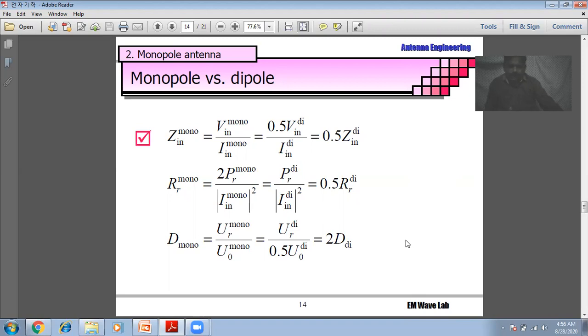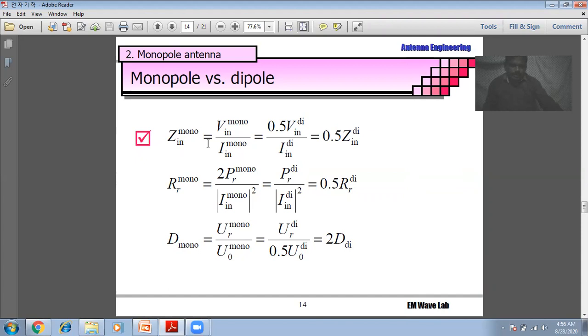In this way, the directivity of the monopole antenna is double that of the dipole antenna.